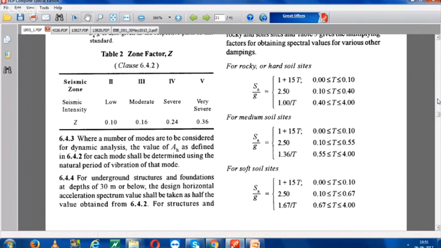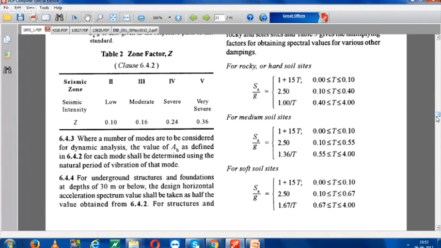In one direction your length is 20 meters, in another direction your length is 7 meters, so you need to calculate your Ta and Tb in both directions. If your structure lies on hard soil, then when you calculate T, you can decide which factor you need to take: 1 plus 15T, or 2.5, or 1 divided by T. This is the Sa by g factor you need to take in your design consideration.